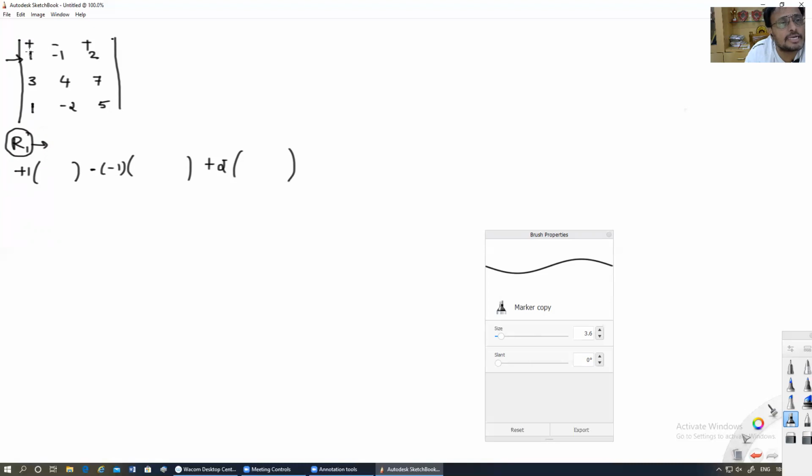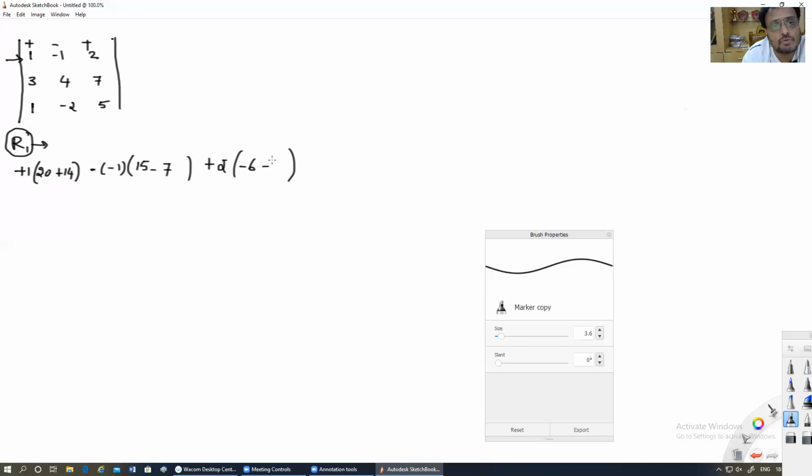Now for the first element, the horizontal and vertical get cancelled, these two. Here you see that 4 into 5 is 20, it will become plus 14, because 20 minus of minus. Afterwards, for minus 1, horizontal and vertical: 3 fives are 15 minus 7. And again plus 2, horizontal, vertical: minus 6 minus 4.